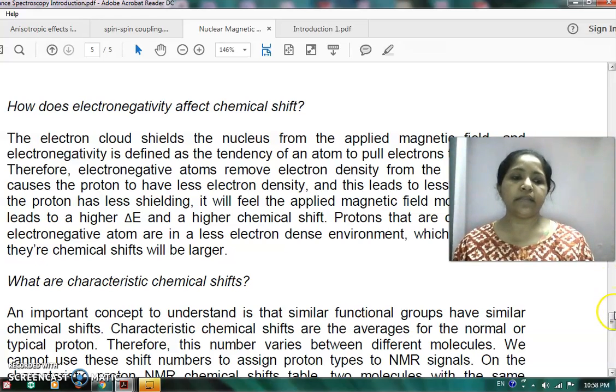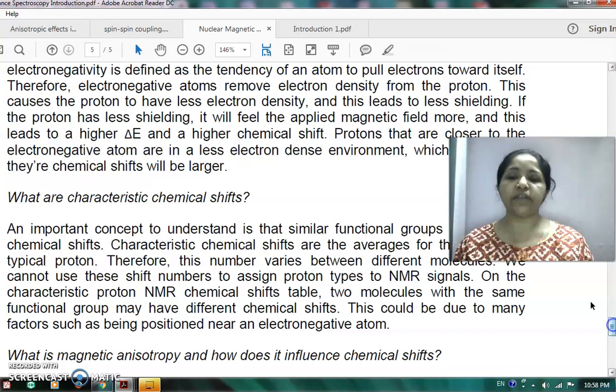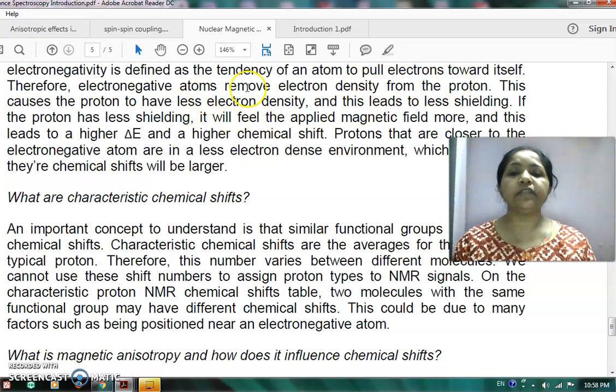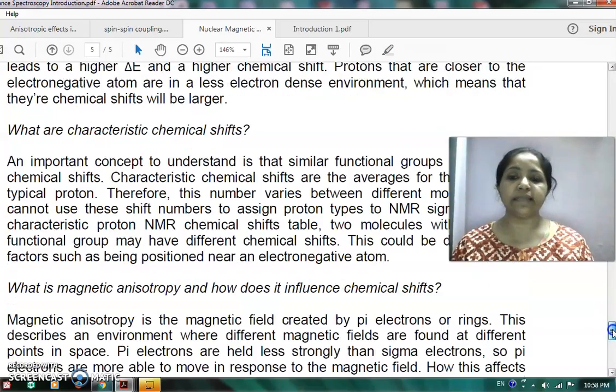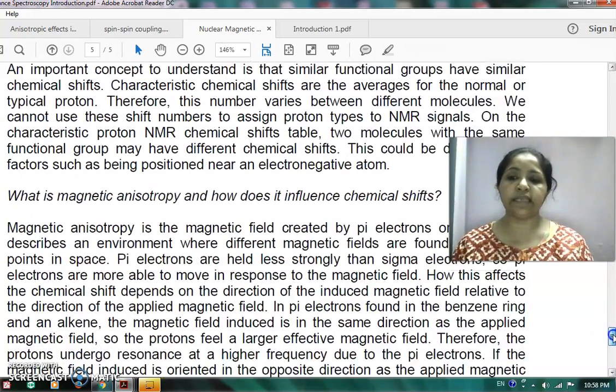That is what is mentioned here. Electronegativity is defined as the tendency of an atom to pull electrons towards it. Therefore electronegative atoms remove electron density. We have already discussed this part. So the higher the delta E required, the higher will be the chemical shift. So delta E is the chemical shift.